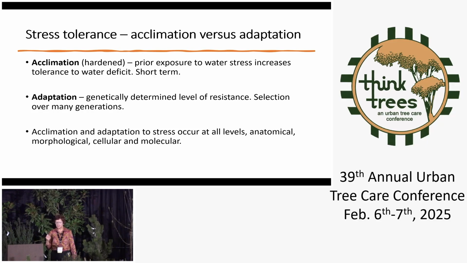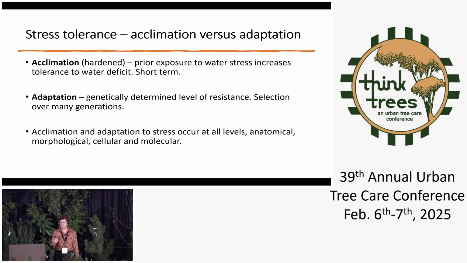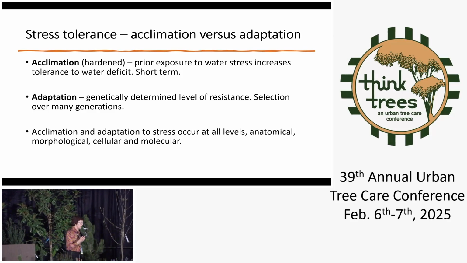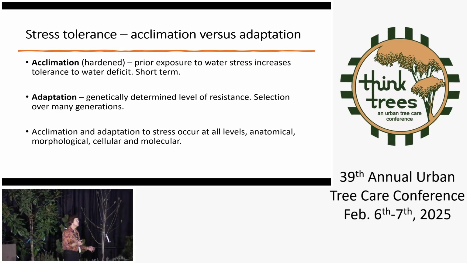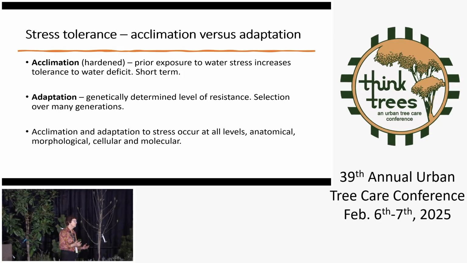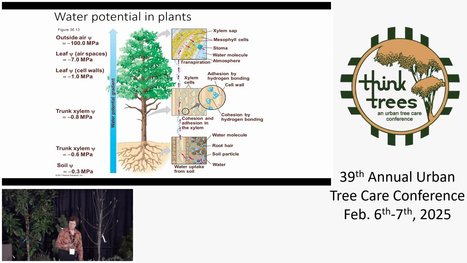And acclimation and adaptation occur at all levels. So we have stress responses at the anatomical, morphological, cellular, and molecular level. Plants that are only acclimated will not be able to withstand a heat wave, whereas an adapted plant might be able to if that species has evolved in that kind of climate.